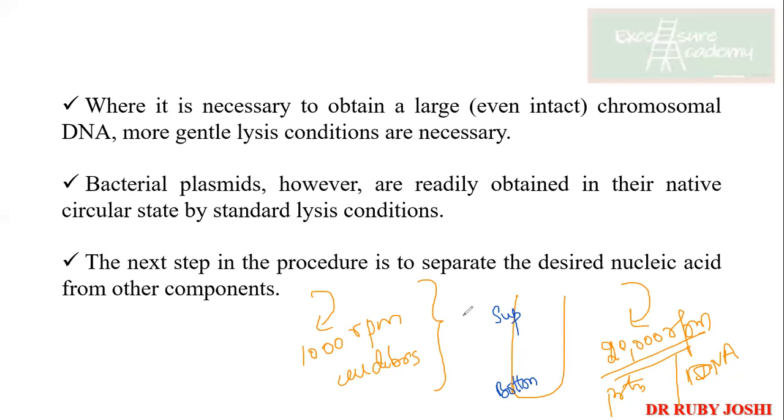It is totally opposite. At the bottom, it is going to be your DNA because it is heavy. Your DNA is going to be heavier than the protein. So protein is going to be in the supernatant every time. Once the cell debris are removed and if you increase the speed of the centrifuge, DNA is going to be heavy as compared to your protein, always.